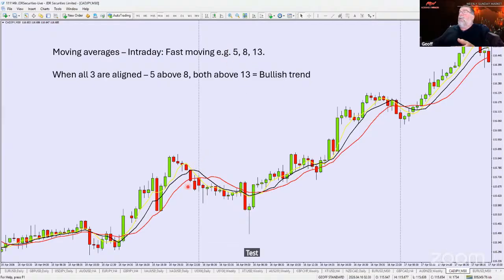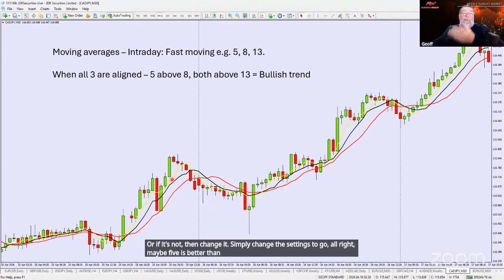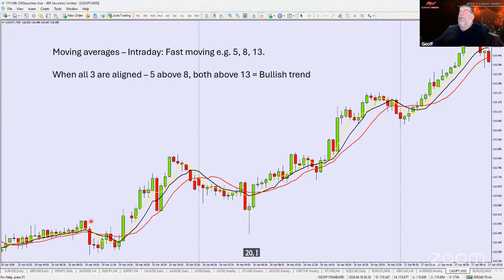If the chart's bouncing off a moving average consistently here, here, here, or if it's not, then change it. Simply change the settings to go, all right, maybe 5 is better than 10, maybe 15 is better than 20. I don't know. They're the things that you need to discover.